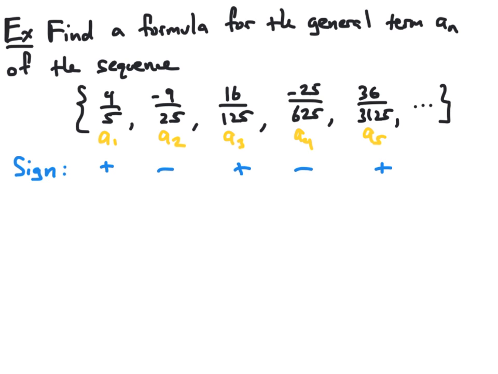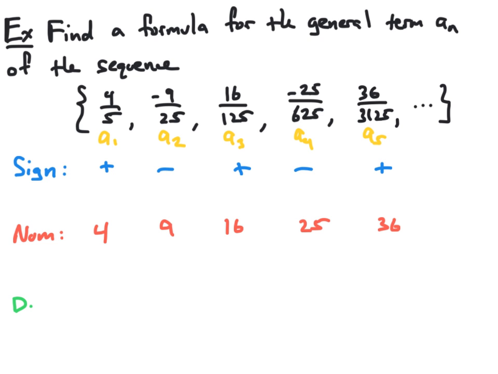The second part that we can analyze is the numerator of our fraction. And here we're going to look at the numerator ignoring the positive or negative sign. And so our numerators are simply going to be 4, 9, even though it's negative 9, we're breaking the sign and the numerical value apart. Then we have 16, 25, and 36.